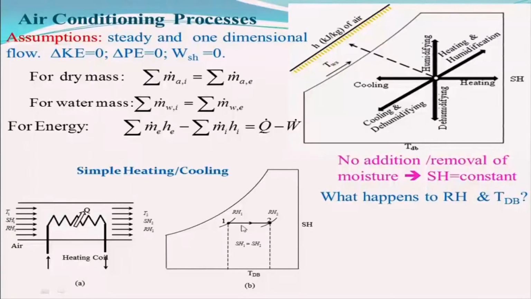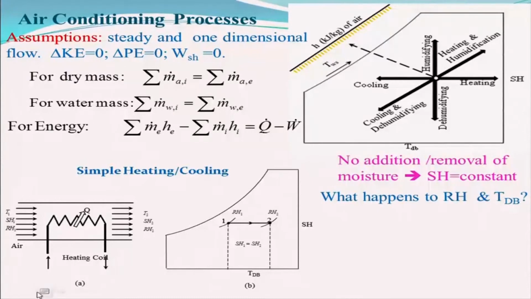With the temperature, what happens to the saturated pressure? If temperature is increasing, the saturated pressure will be increasing, right? If it increases, then relative humidity will be lower, right?